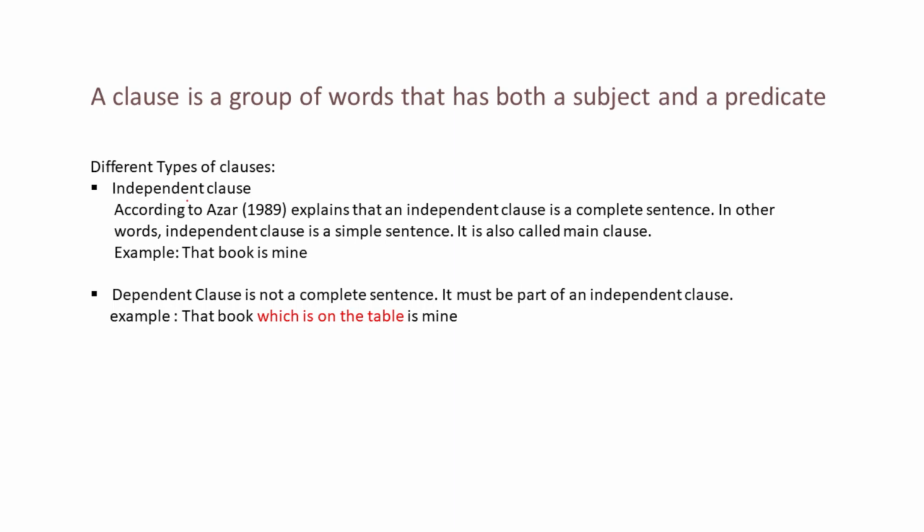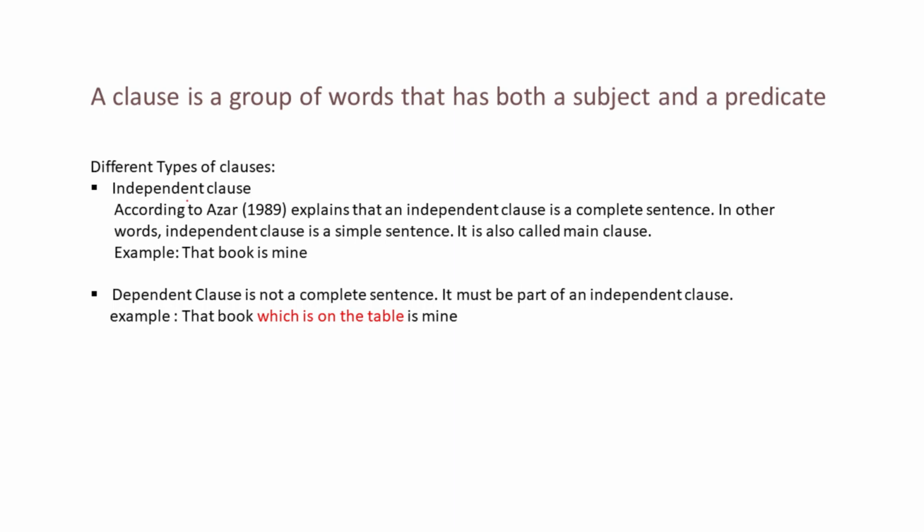Meanwhile, a dependent clause is not a complete sentence. It must be part of an independent clause. It means that a dependent clause cannot stand alone without an independent clause. For example, that book which is on the table is mine. Please look at the words in red color, which is on the table.